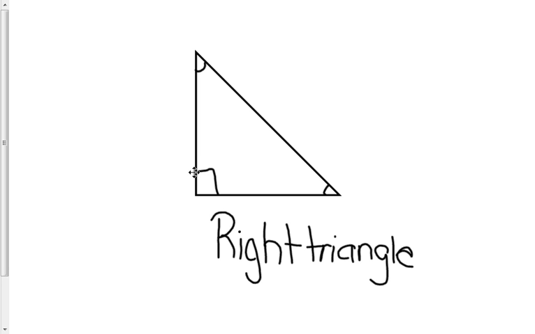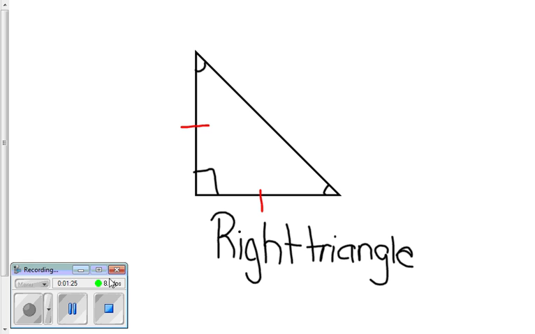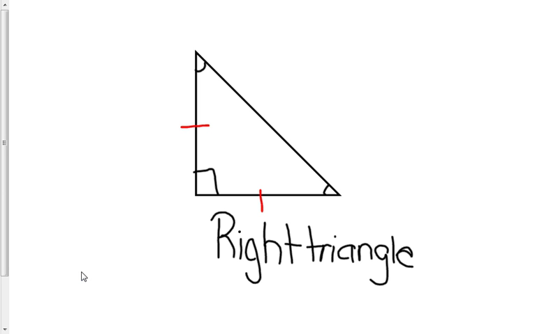Now, as we look at the triangle, we identify that there are only two sides that are congruent, and we have one side over here that's not congruent. But we need to figure out how much the angles are.